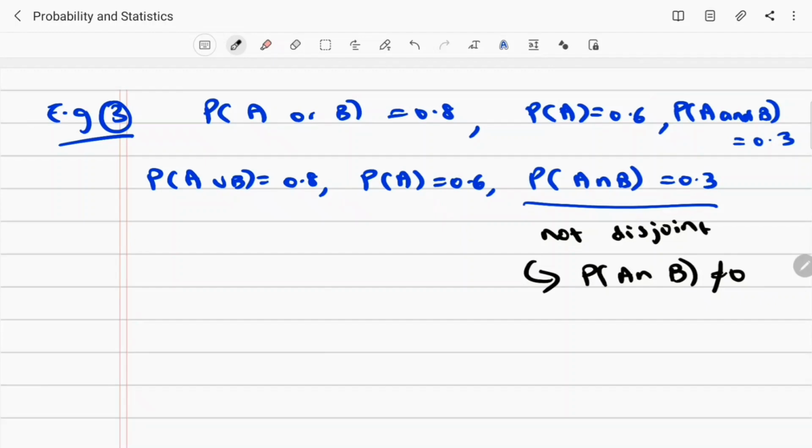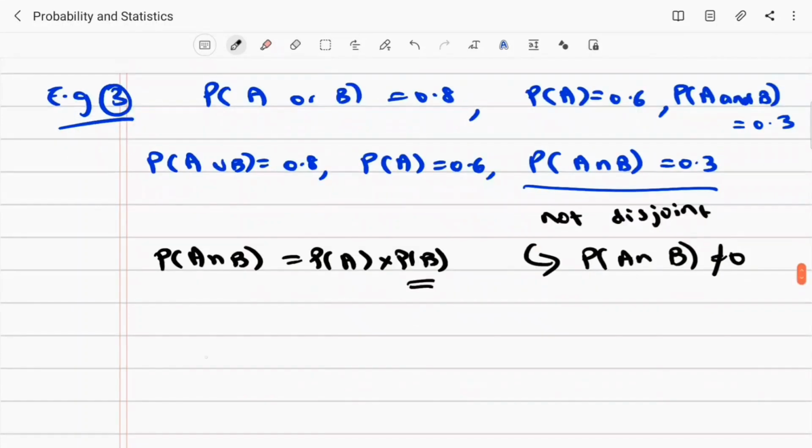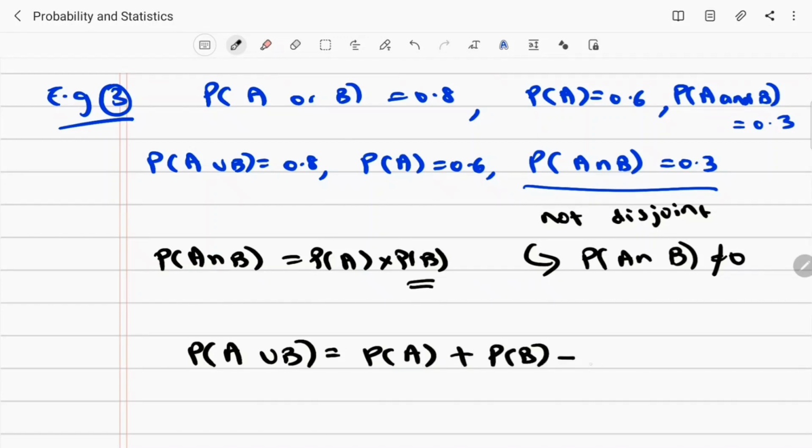Now let's find out if it's independent or not. If it's independent, we know that the intersection should be a multiplication of both probabilities. So is that true? The first step is to find the probability of B. So we've got our equation: A plus B minus their intersection.